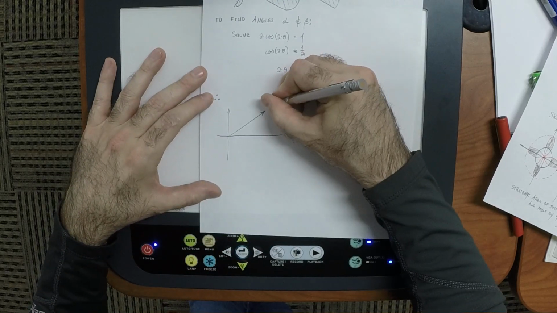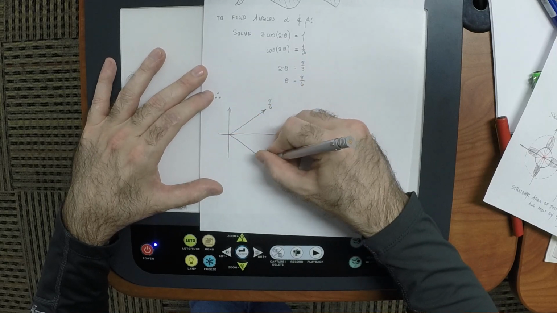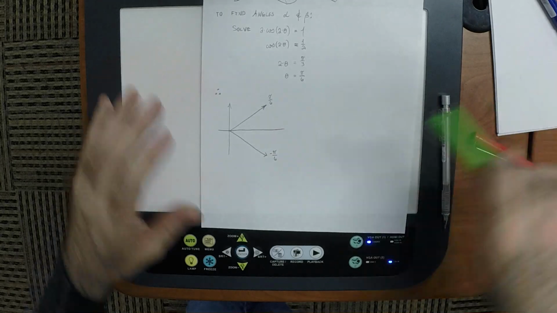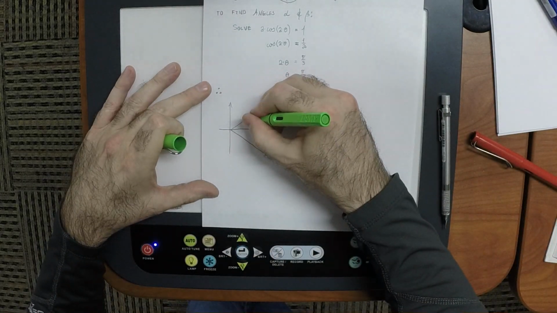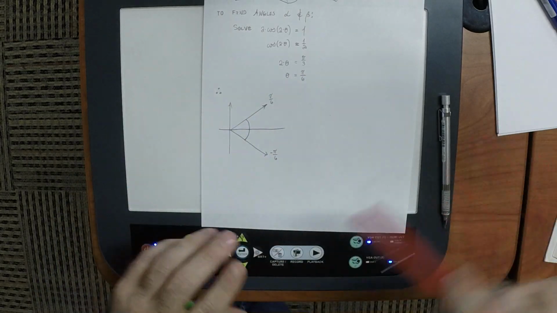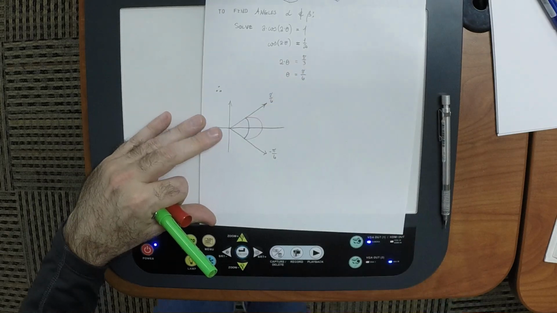We're saying that this one is pi over 6. This one is negative pi over 6. This one is like that. This one is like that.